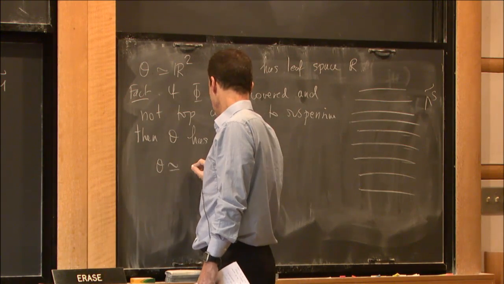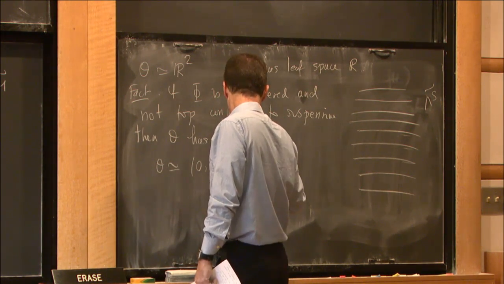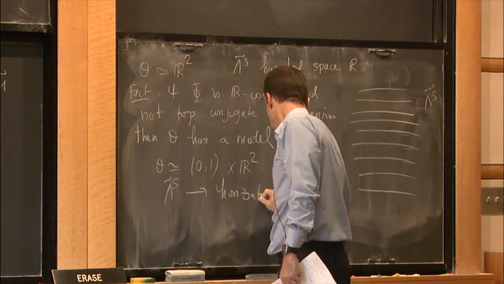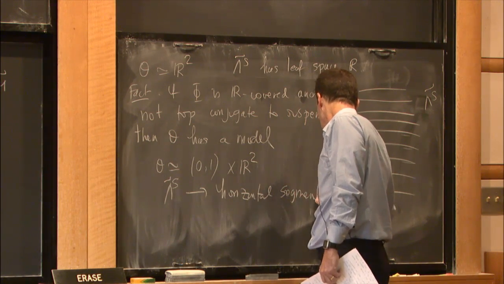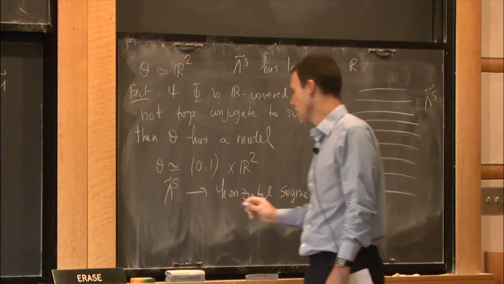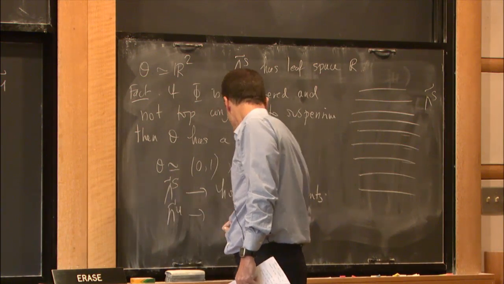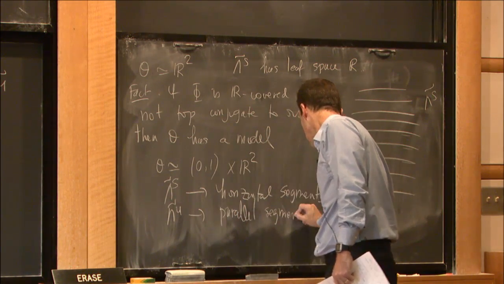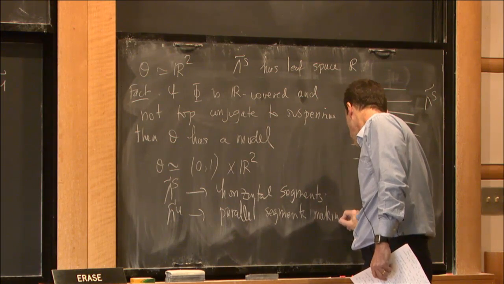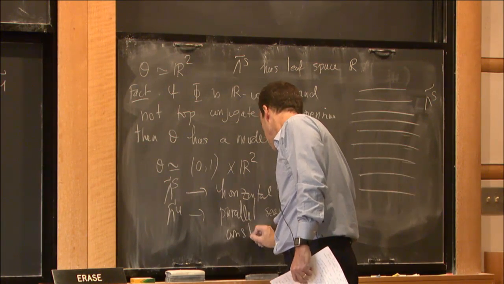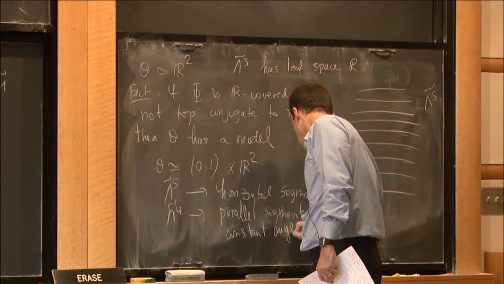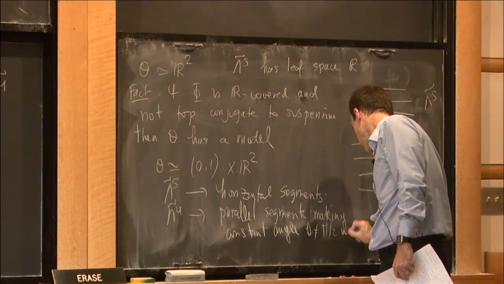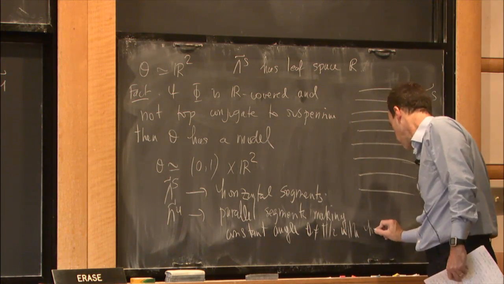So this is going to be an infinite strip where the stable is horizontal segments, as I did here, and the unstable is parallel segments making a constant angle theta, which is not pi over 2, with the horizontal.